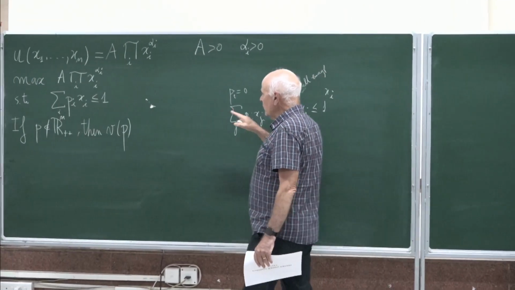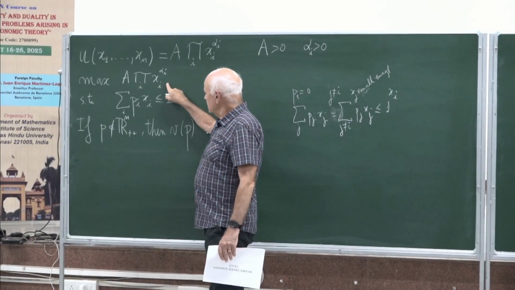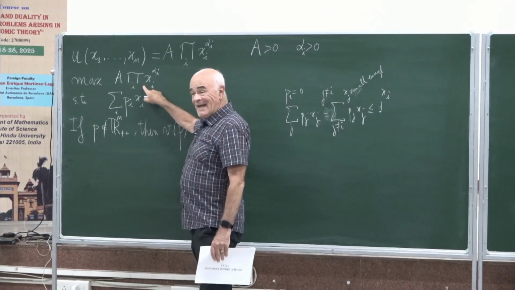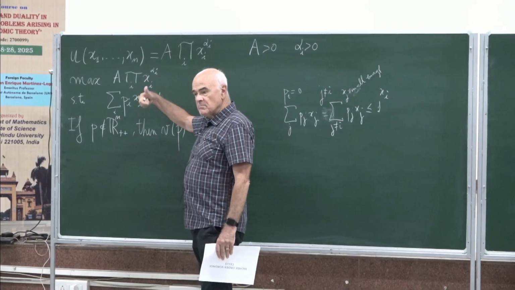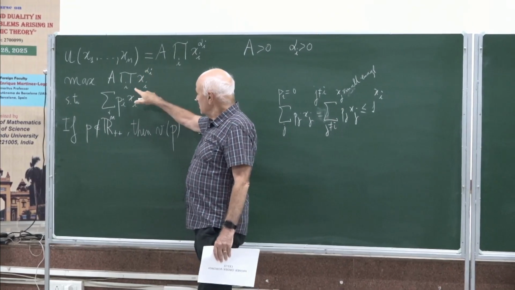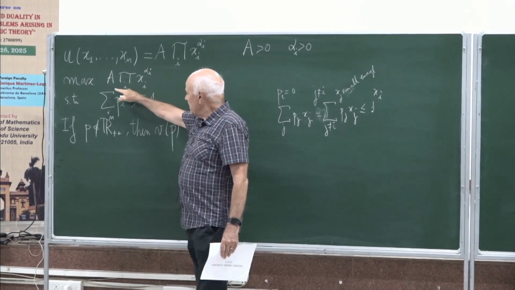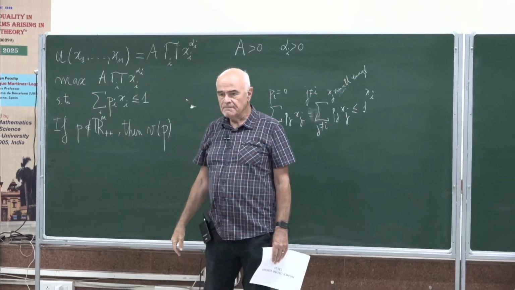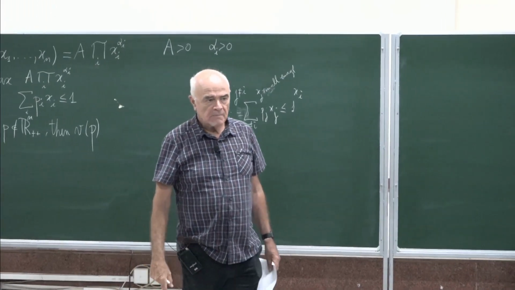Then for this xj, when you make that particular xi sufficiently large, going to plus infinity, this goes to plus infinity. Okay?